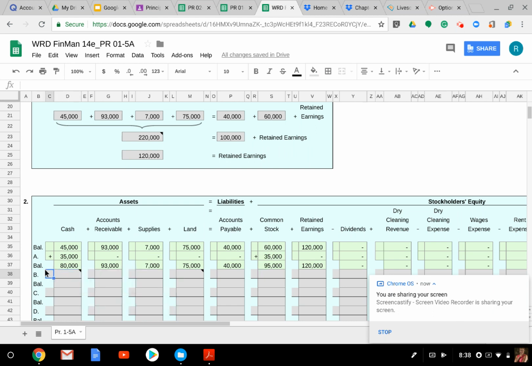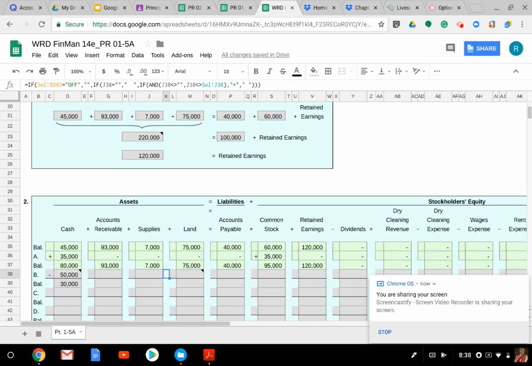We go to B. B says paid $50,000 for the purchase of land. If we paid money for land, then we have to subtract 50,000 from cash. That's going to leave us, if we do the math, 50,000 from 80,000 gives us 30,000. That did not affect accounts receivable, which is the next account.